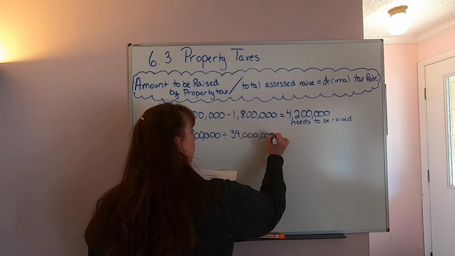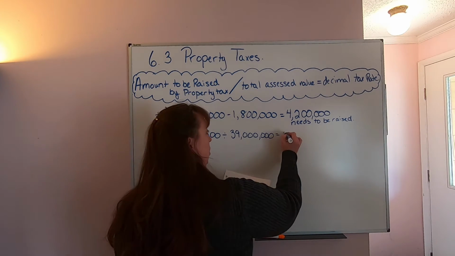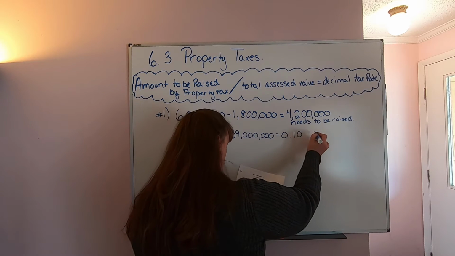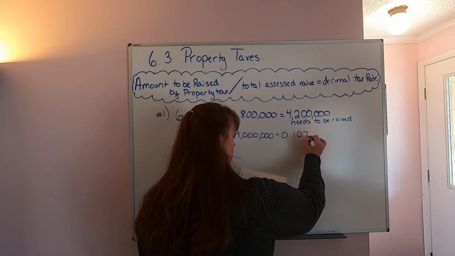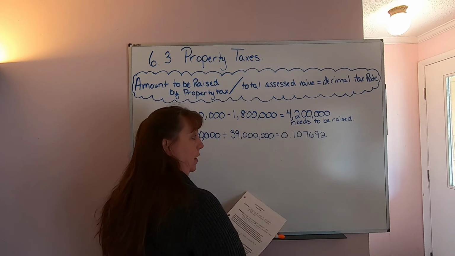And when you divide it, you get a decimal, and that decimal is 0.107692, etc. But we need to round to 5 decimal places.